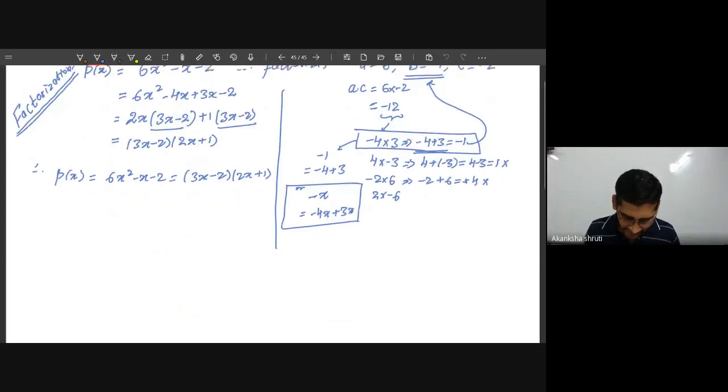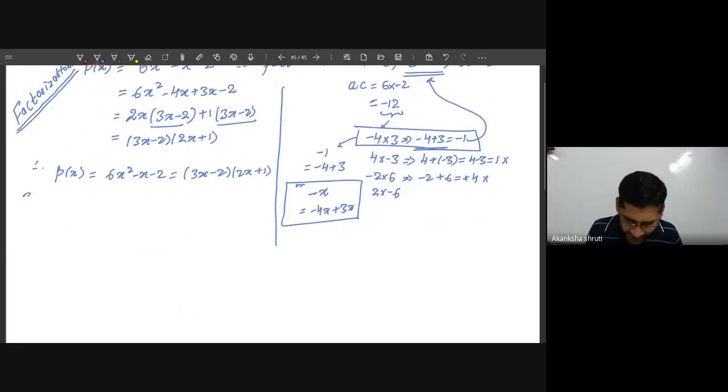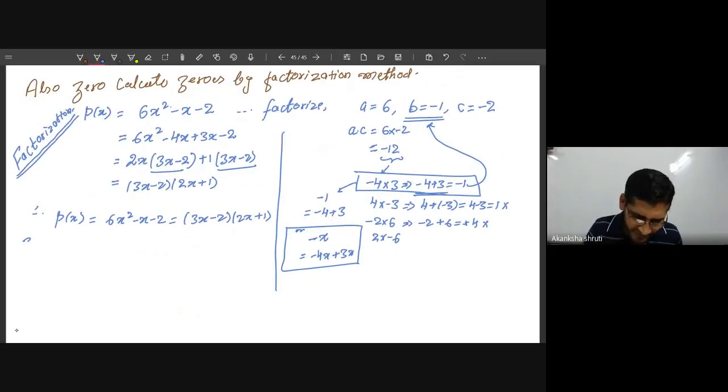So this way. Now, if we want to calculate the zeros, how do we calculate the zeros? Right, for zeros, what we have to do?